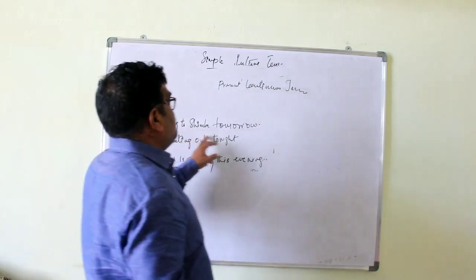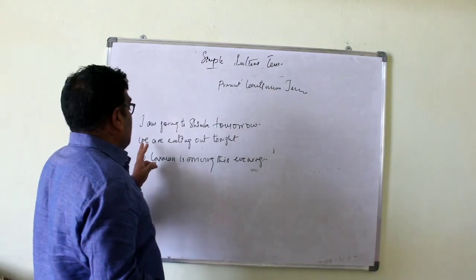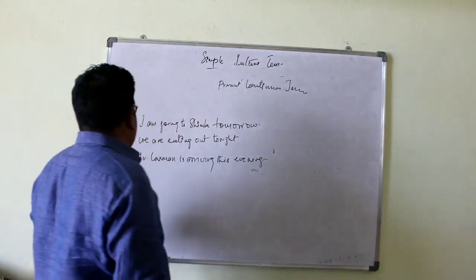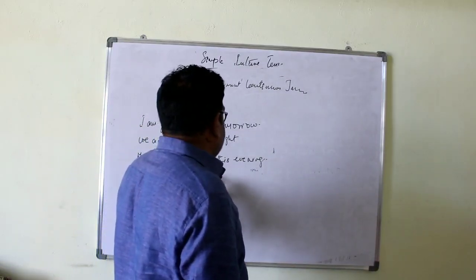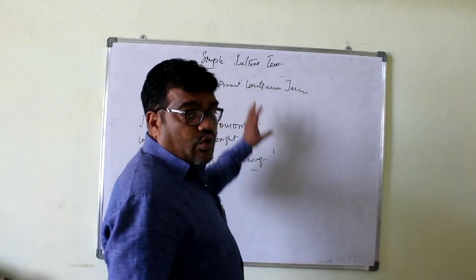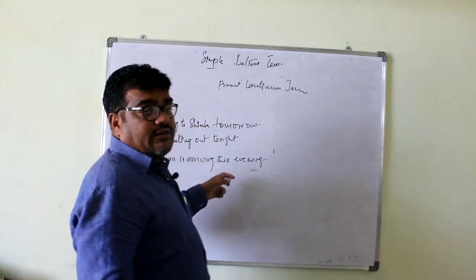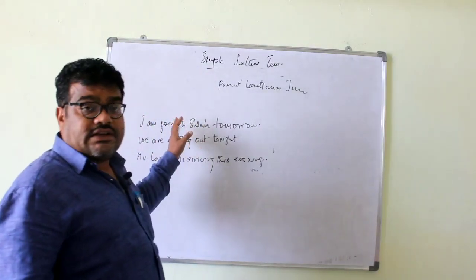I am going to Shimla tomorrow. It is planned and we are trying to execute that. We are eating out tonight. Another example, last example, Mr. Lakshman is arriving this evening. It is all planned and we try to do it in future, or it will happen in future. For such type of action, we can use present continuous tense.